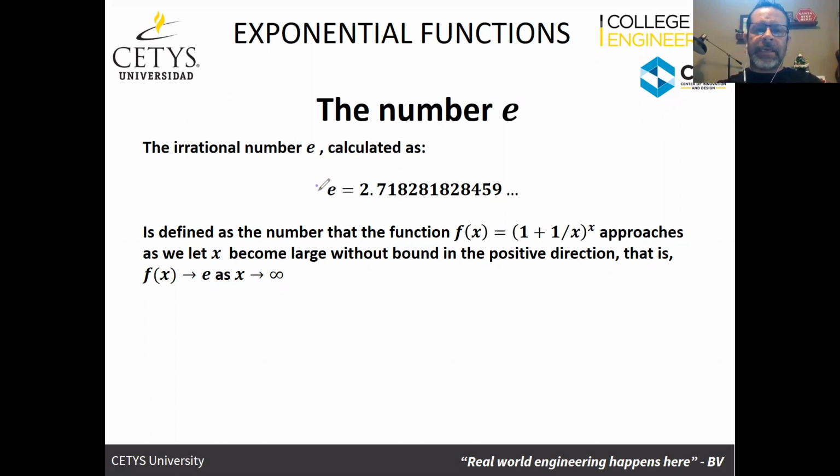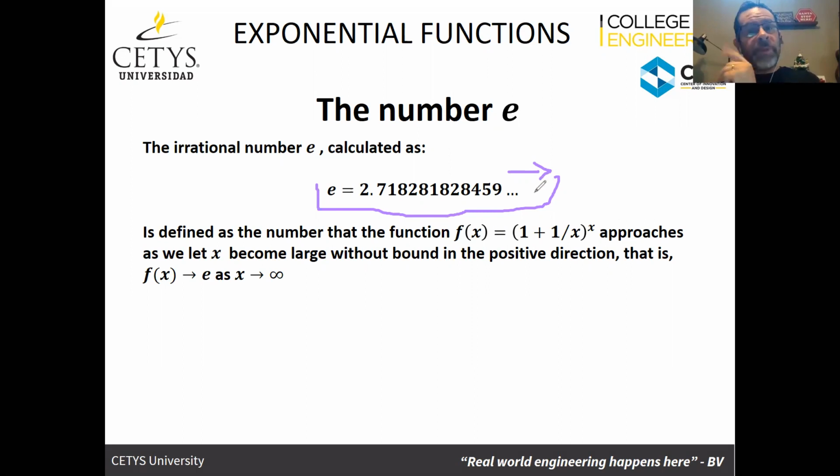And e is this number here, and it's 2.71828182845, et cetera. It goes on and on, an infinite number of decimals.